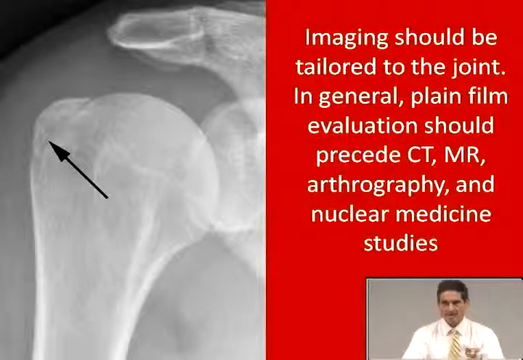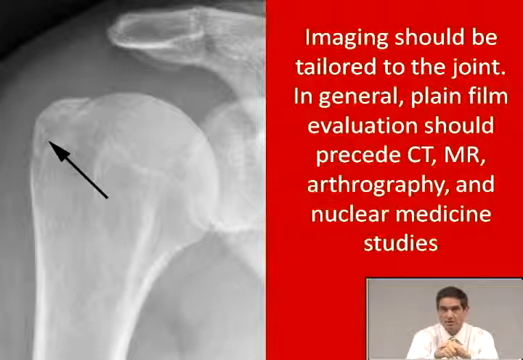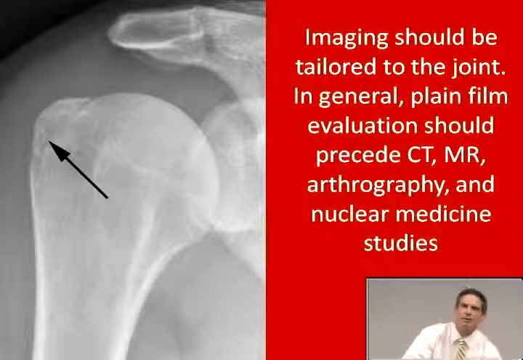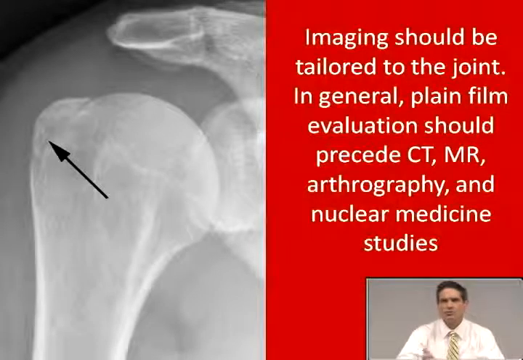After that, you can figure out whether you want to do CT, MR, arthrography, or nuclear medicine studies on the basis of your own background knowledge that I'm going to try to provide in this lecture, or on the basis of consultation with the radiologist, or by relying on what the rheumatologist or orthopedic surgeon says to do in a particular case. So plain films are the first step. They're usually readily available, relatively cheap, and pretty straightforward to interpret. It's hard to generalize across the different joints, like I say.